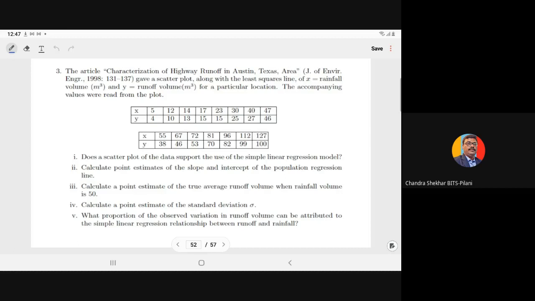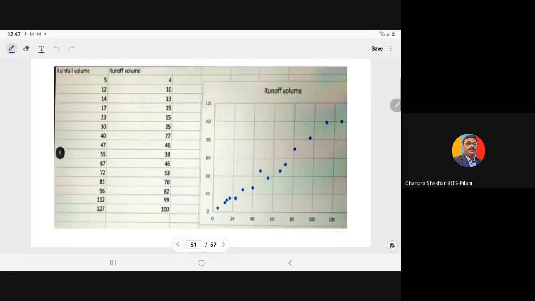If you see this plot, it is a scatter plot of rainfall and runoff in cubic meters. Here you can see that all the data are near to the regression line.